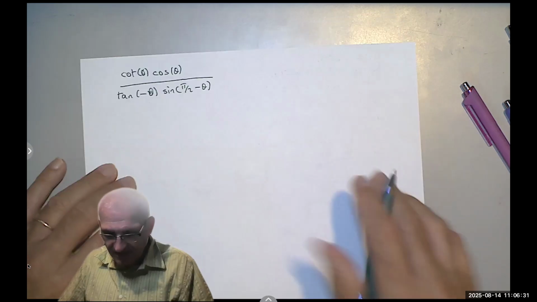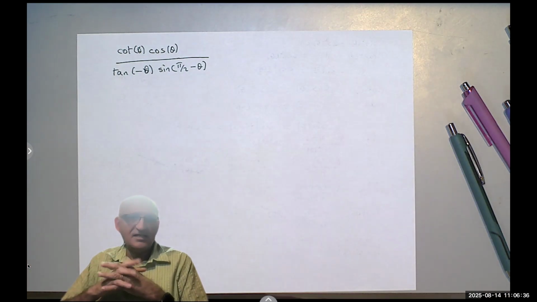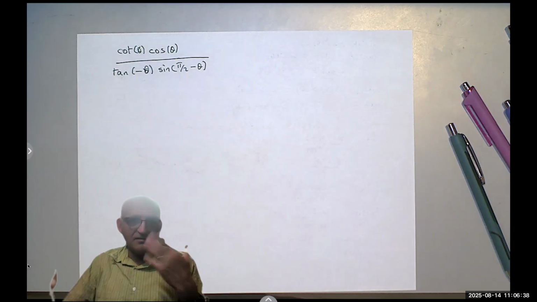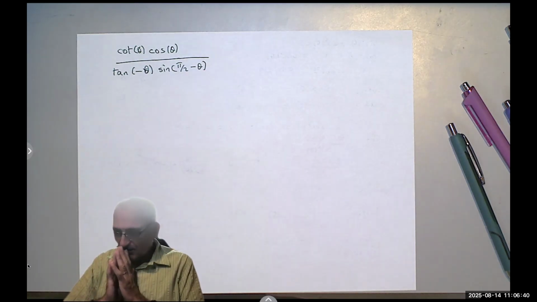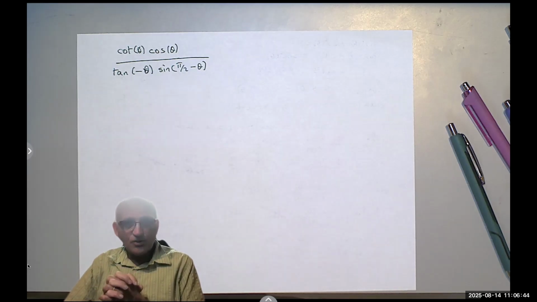Remember, we did this stuff today, and that's why I went over the odd and even functions and the relationship between the sine and the cosine. Okay, again, stop the video, do it on your own. That should be an easy one, and then come back and check.